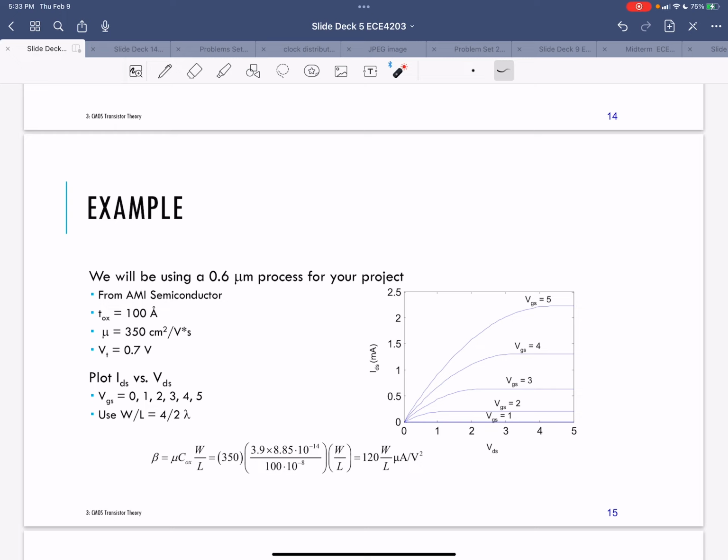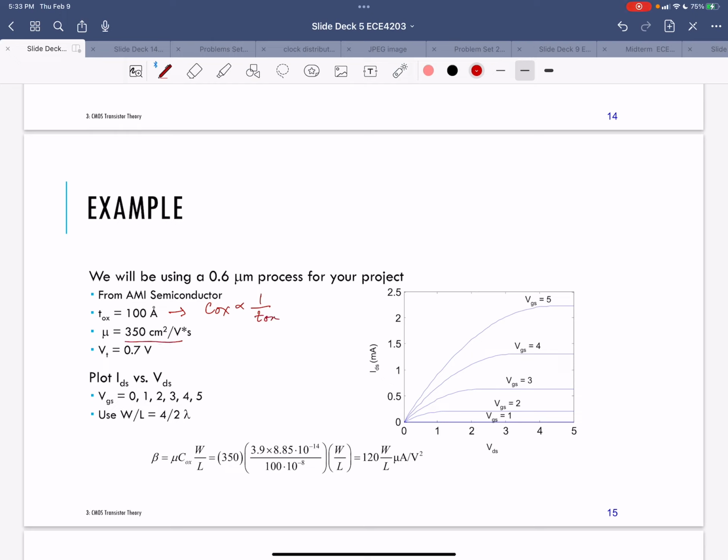You can see this is a 0.6 micron process, and this thickness of oxide is a relatively thick oxide. This gives you the dependence on Cox, because Cox is dependent on 1 over the thickness of the oxide.